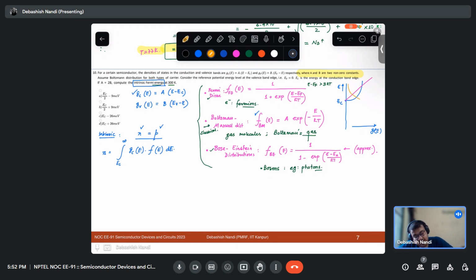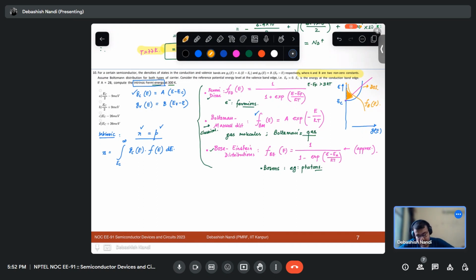This is your Fermi-Dirac distribution, or whatever distribution, here it is Boltzmann. This is your density of states. We multiply them and take the area from EC to infinity, assuming the conduction band lies till infinity. We integrate and compute the area under this. That is how you get your formula, NC exponential minus EC minus EF by KT, right?